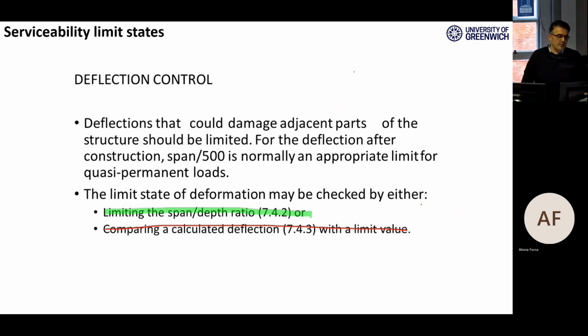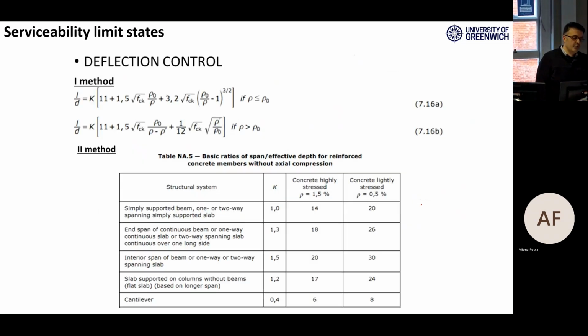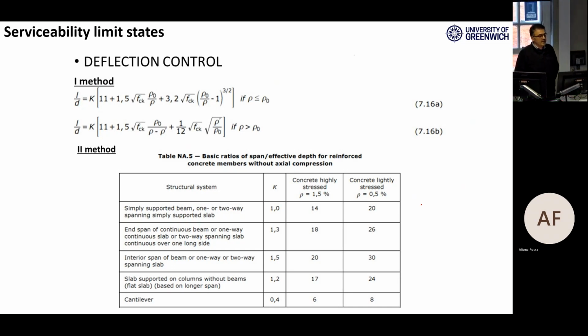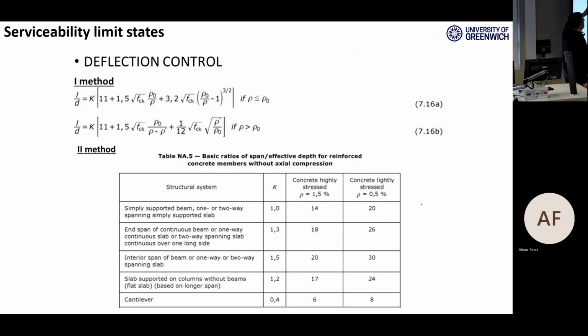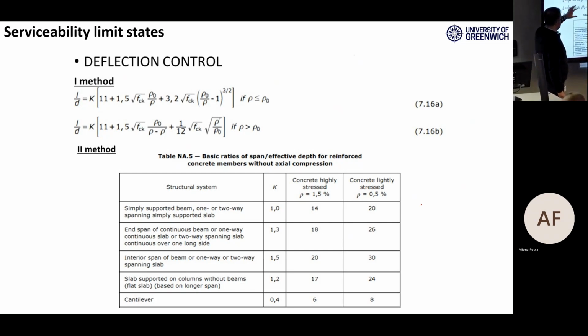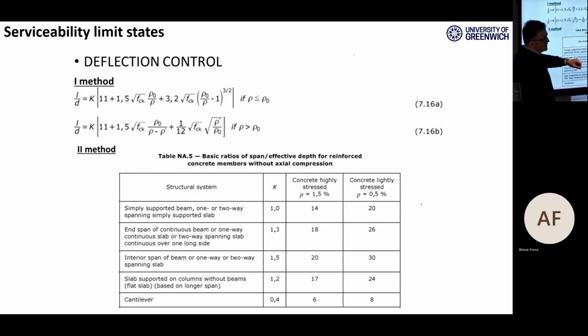So we go for the simplest approach again, and you need to use this table from the National Annex to find the limits of your span to effective depth for reinforced concrete members without axial compression. The above one is the formula if you want to go for it, but you're more than welcome to use this table instead of the formula.